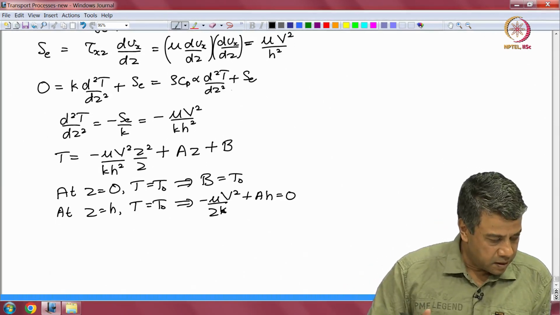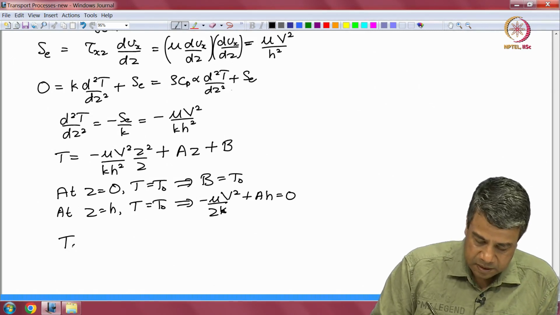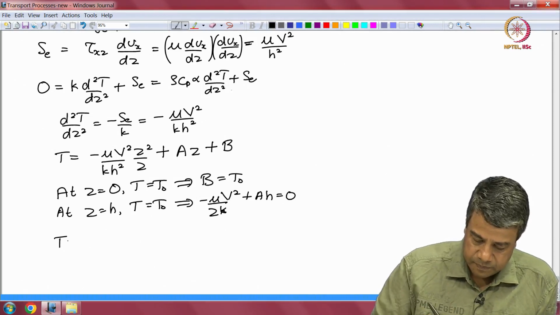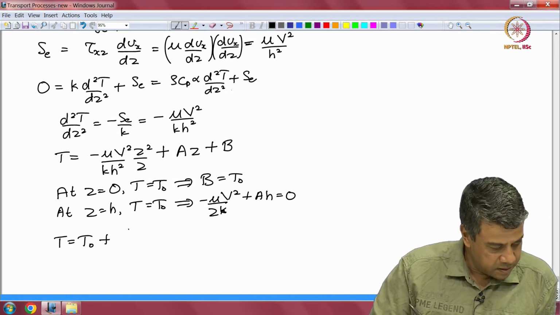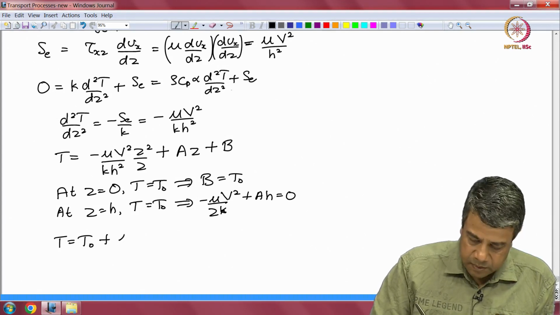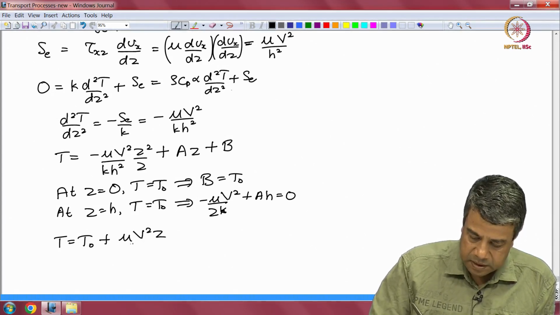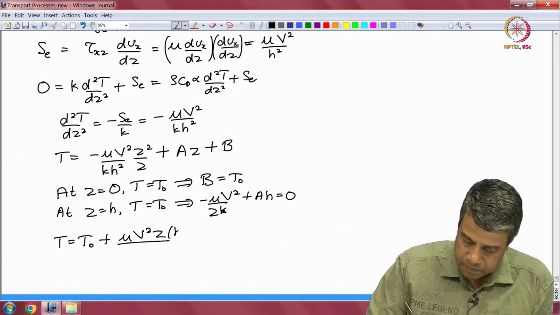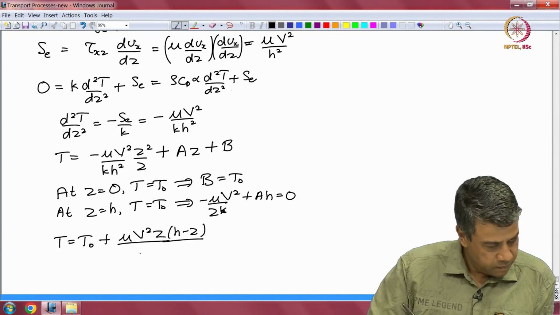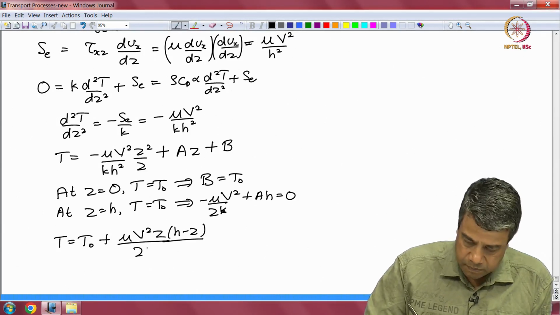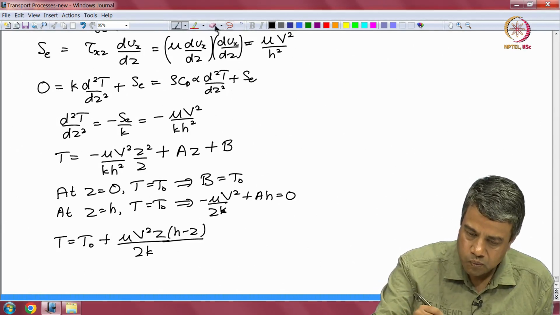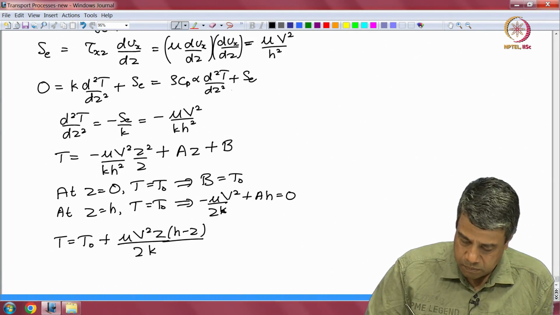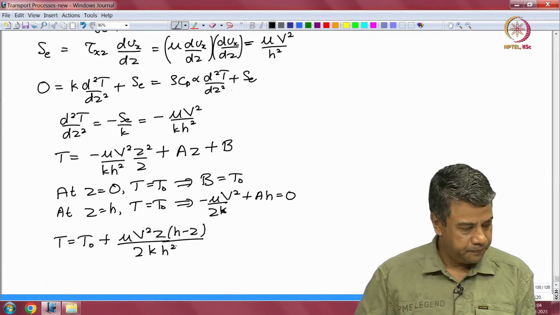And I can collect those terms to get the final expression: T is T naught plus mu v square z by 2 k h, times h minus z.